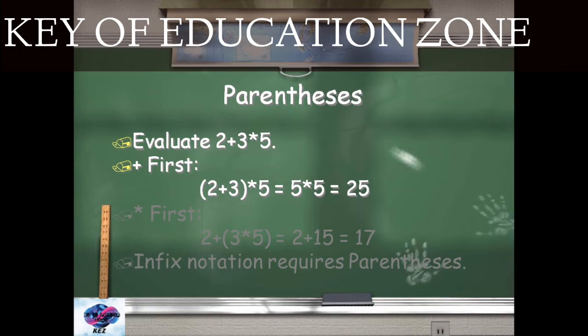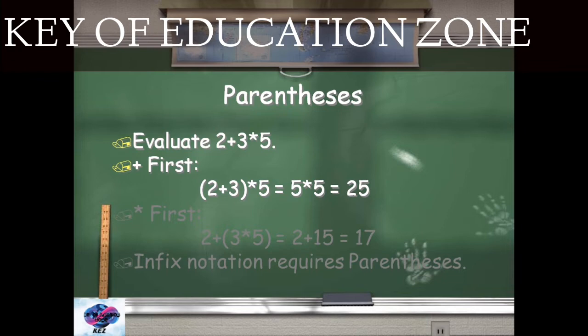Now if the brackets change, that means the bracket is in between 3 and 5, what will be the effect? Let's see that.